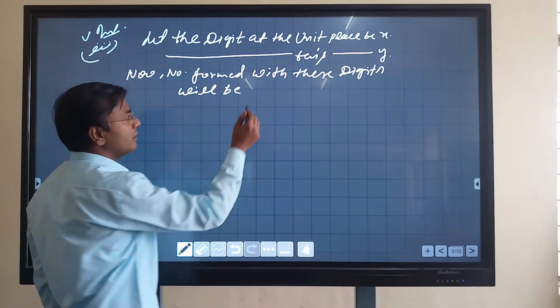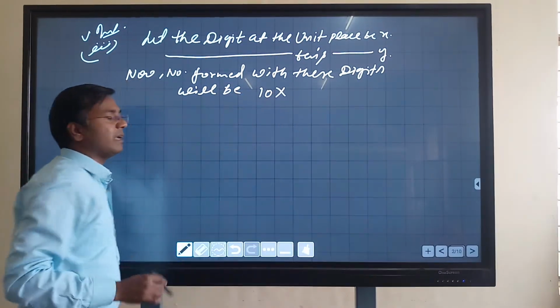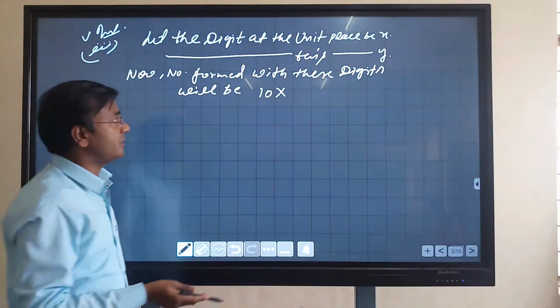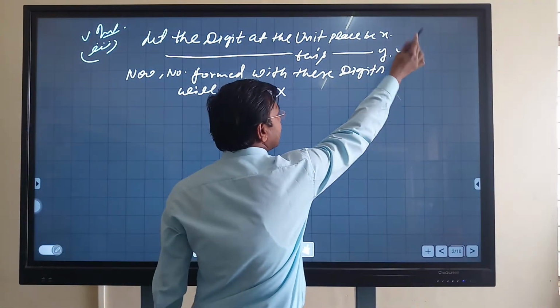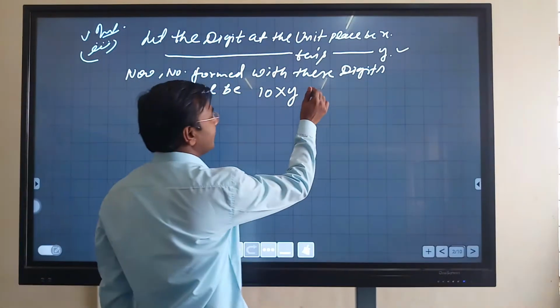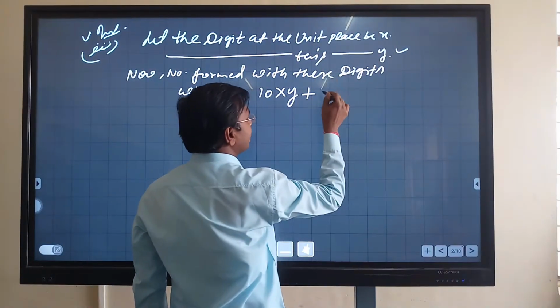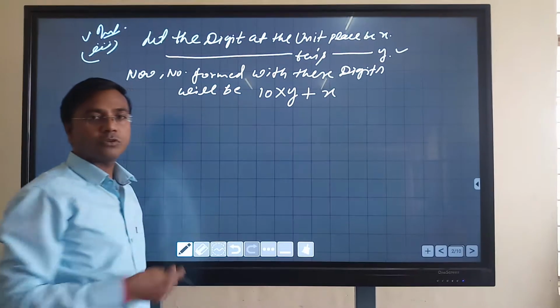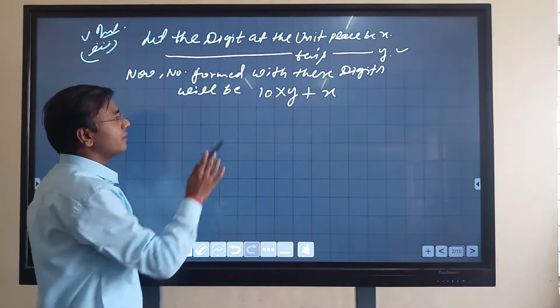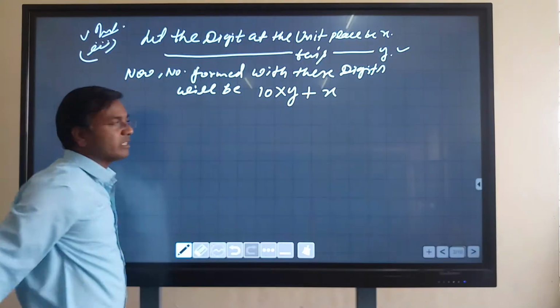now see, understand how to get the number. Digits are given, so 10 multiplied by the tens place digit. So what is the tens place digit? It's y, so 10 into y, okay, then plus the unit place digit, that is x. So this is how we can form the number: 10 into tens place digit plus unit place digit.